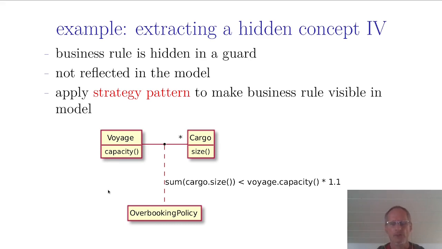In purely object-oriented programming languages, older versions of Java, the overbooking policy would have to be wrapped in a class, and we could have several different objects, instances of that overbooking class. The overbooking policy would provide a method, isAllowed, and the sole purpose of the overbooking policy class would be to be a wrapper for this method.